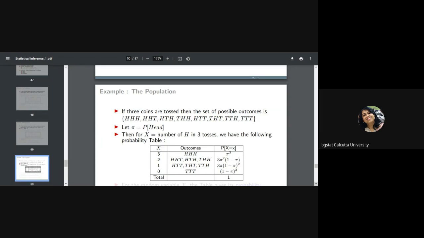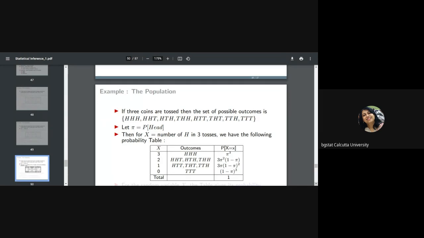I would have to have pi, the probability of the first head is pi, multiplied by the probability of the second head, which is also pi, multiplied by 1 minus pi, which is the probability of the third tail. So the probability of HHT is pi squared into 1 minus pi.